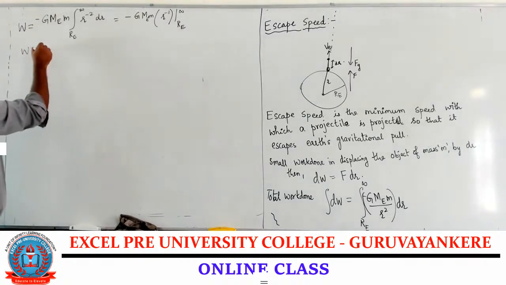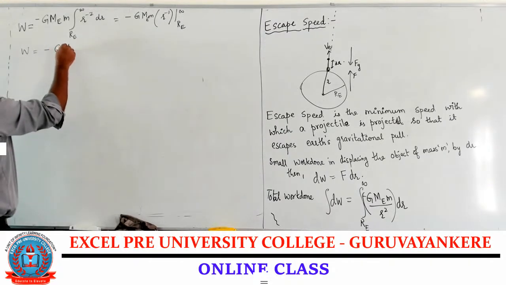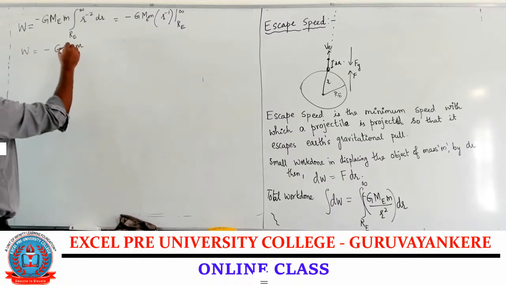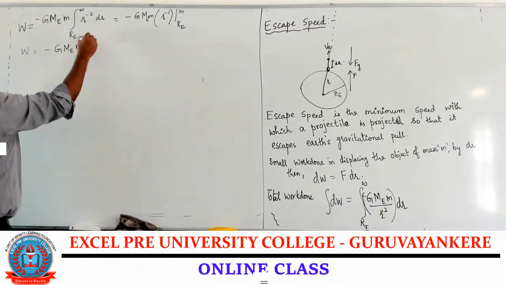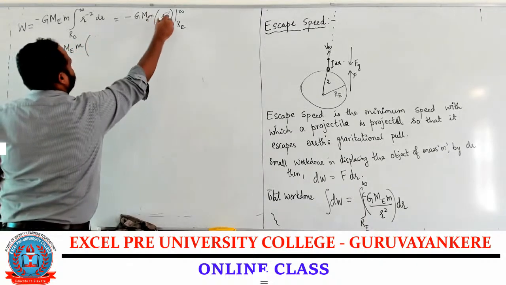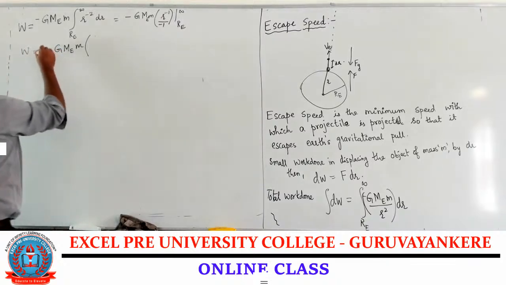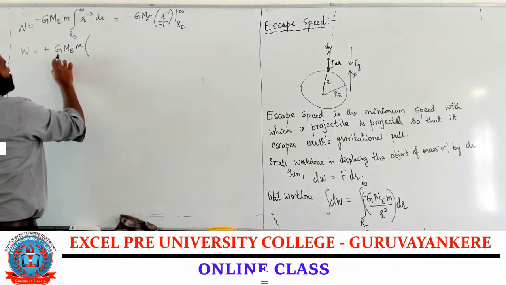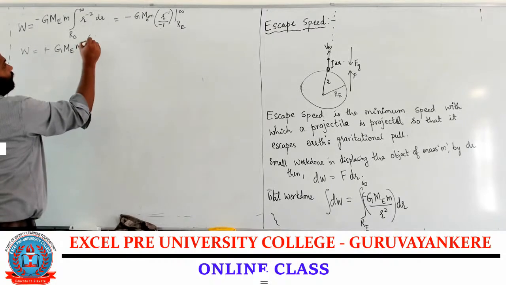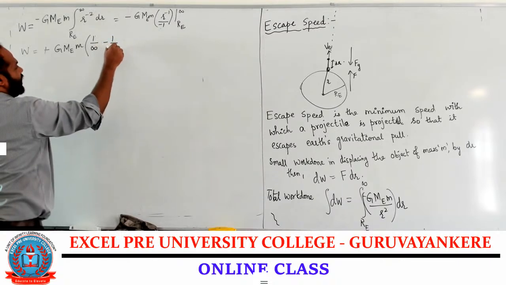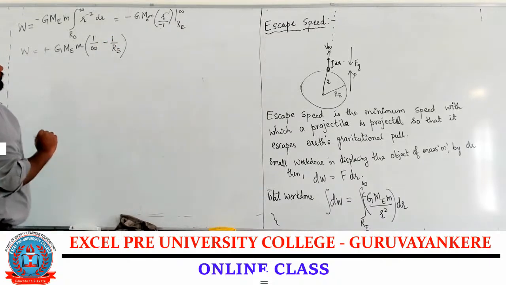So W is minus GMeM, minus divided by minus 1 it will be there, so it will become plus now due to this minus 1. So GMeM, 1 by infinity minus 1 by Re it will be.